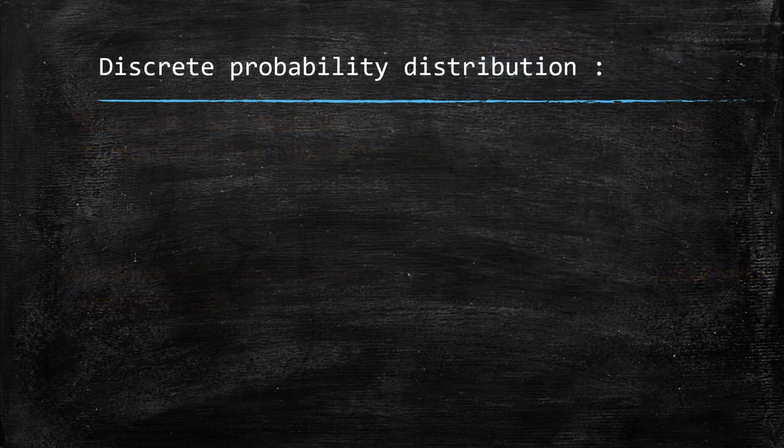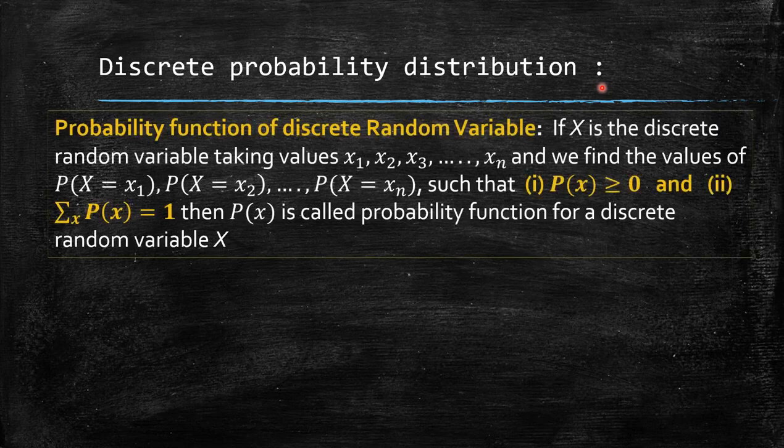Now we take the probability distribution for a discrete random variable, the discrete probability distribution. First we define the probability function, or probability mass function, for a discrete random variable.